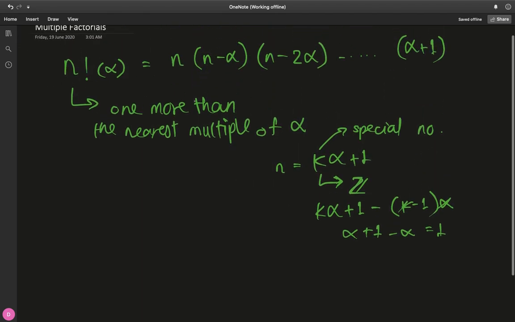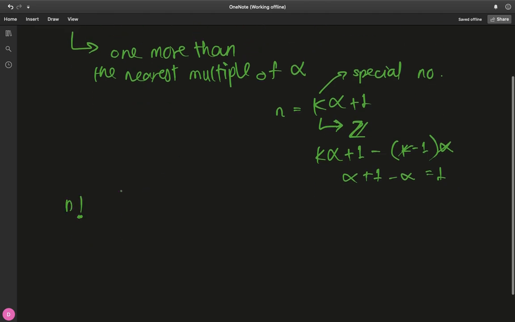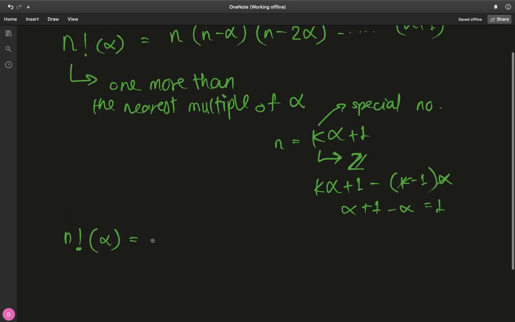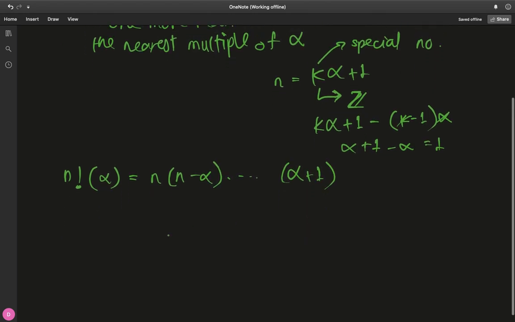Okay, so if we have something like this, we can basically do a lot of factoring out over here. So n multiple factorial of alpha jumps is n times n minus alpha dot dot dot alpha plus 1. Then we can take out an alpha from all of these factors.